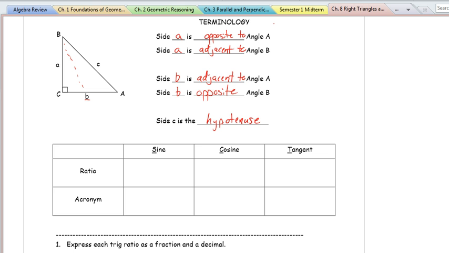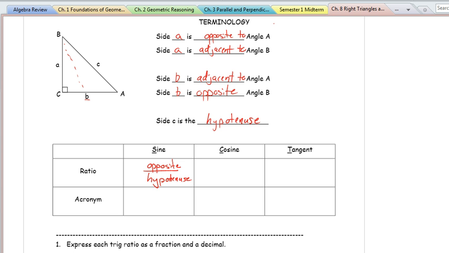So using that information, we have these fancy buttons on our calculator, and they're not pronounced sin, cos, and tan. They're actually sine, cosine, and tangent. Okay, and what they are is just ratios or comparisons of two sides. The sine button happens to be a comparison of opposite over hypotenuse.